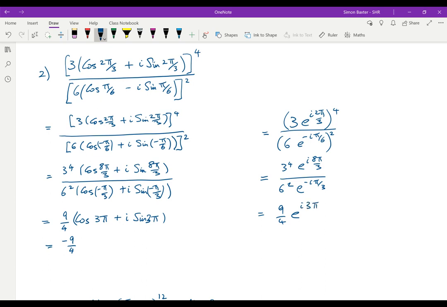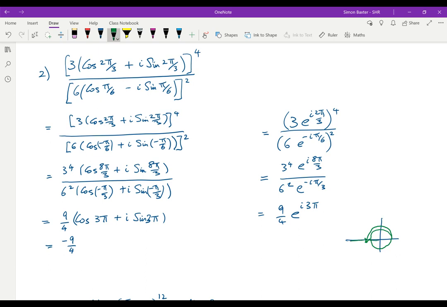How can we think about this last little bit? E to the I 3 pi times 9 over 4. It has modulus 9 over 4. It has argument 3 pi. Well, if the argument is 3 pi, then there's argument pi, 2 pi, and 3 pi.